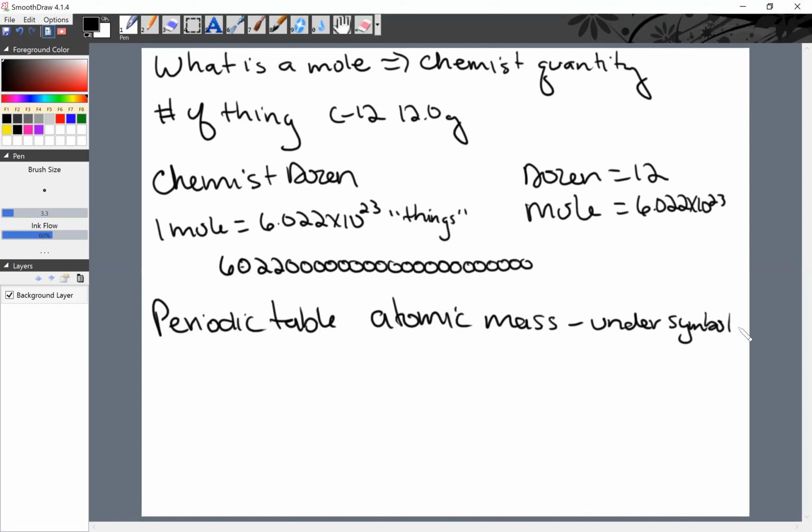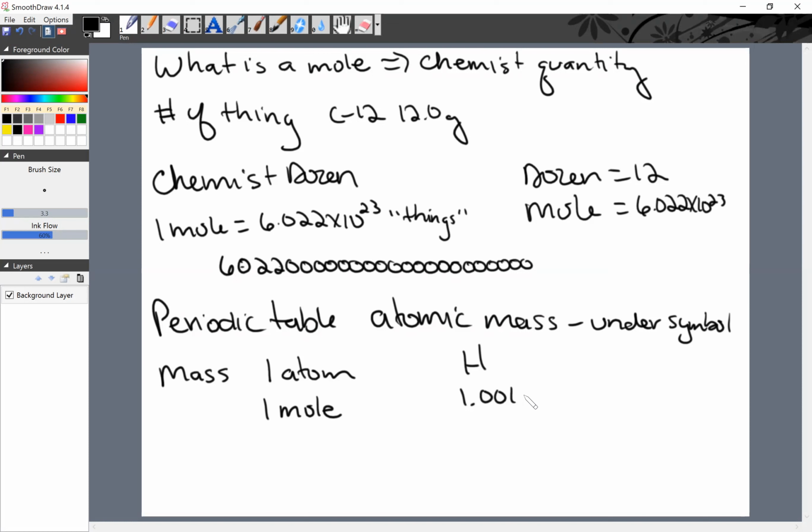That is how much, and there are two interpretations. The mass can either be one atom of it, or it can be 1 mole of it. So for instance, if you're looking at hydrogen, it should say something like 1.001.